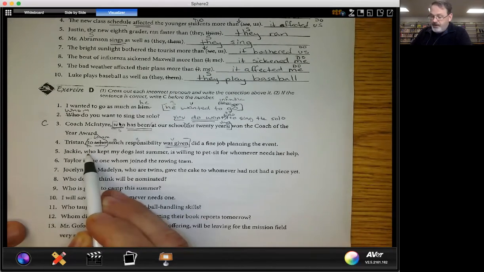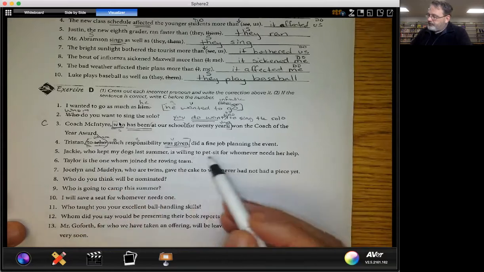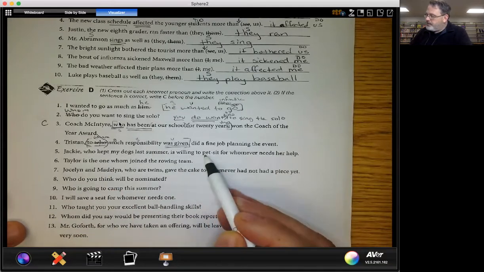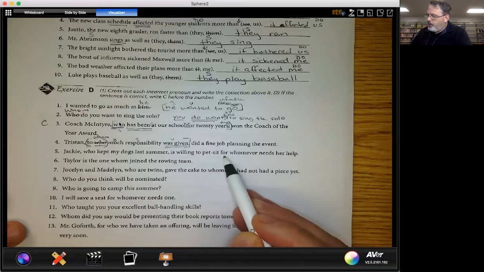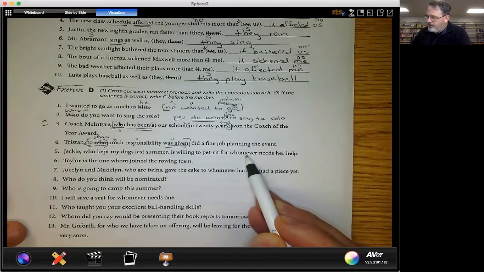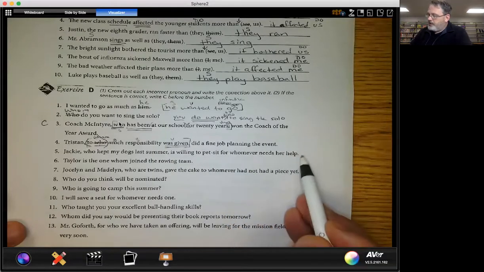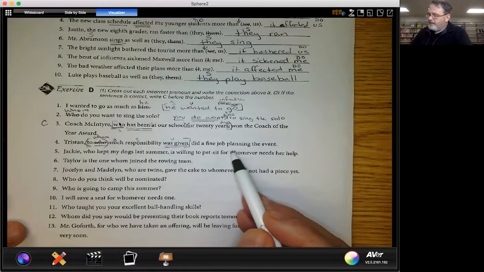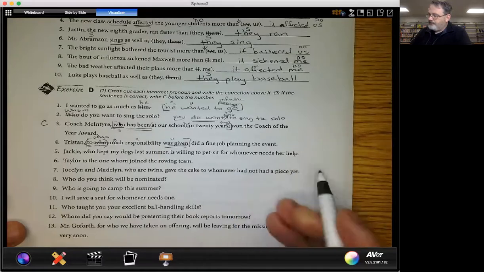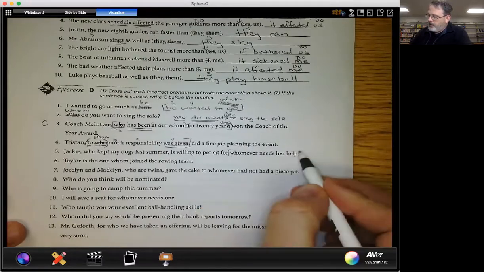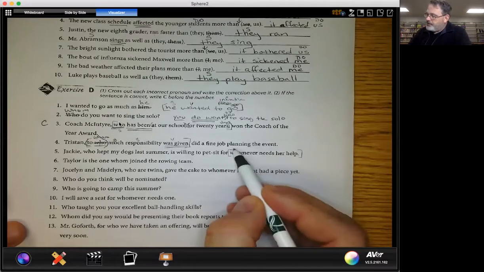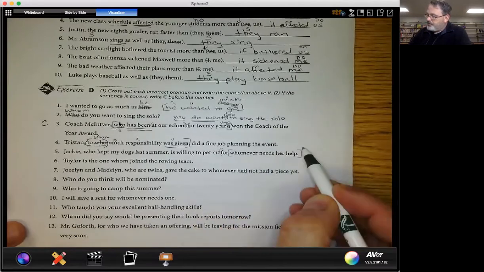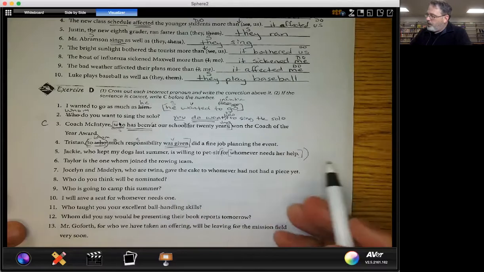Who is nominative case, so that one's okay. Is willing to pet sit for whomever needs her help. For whomever, whoever needs her help is a clause, and that whole clause is being used as the object of the preposition for this prepositional phrase. For whomever needs her help.